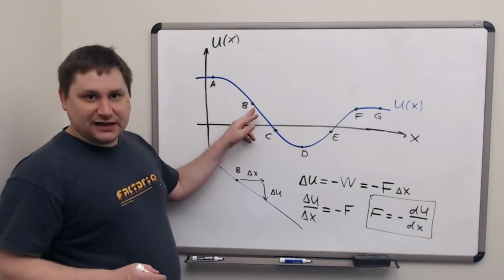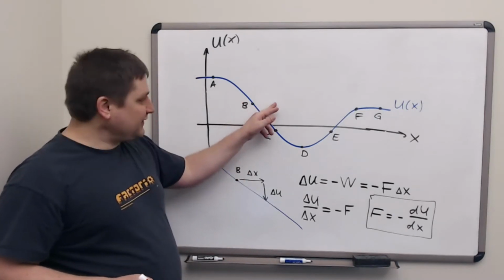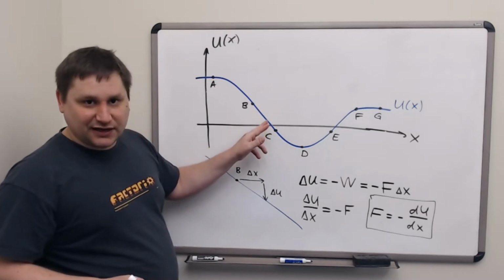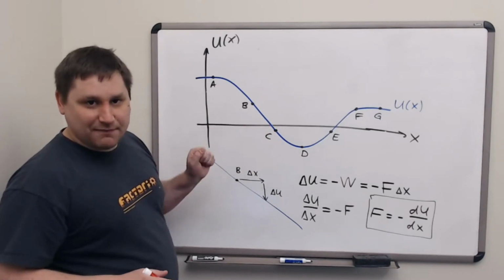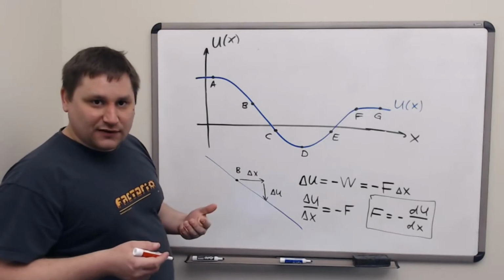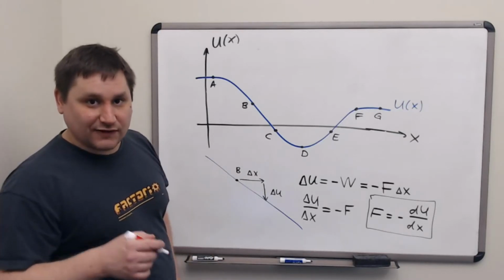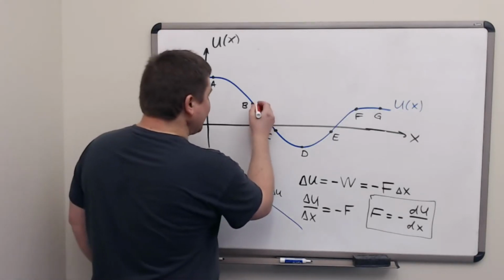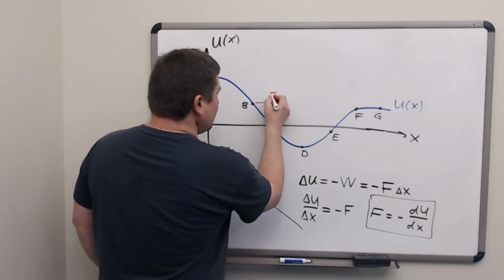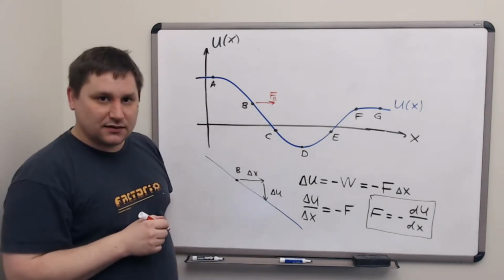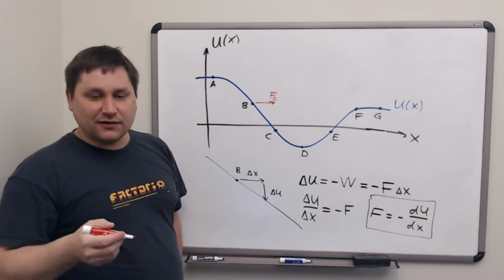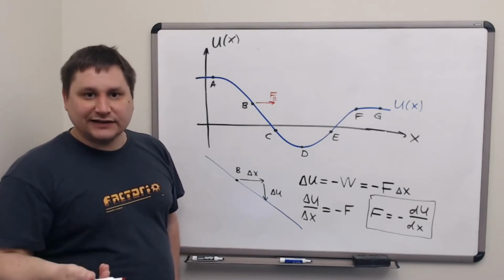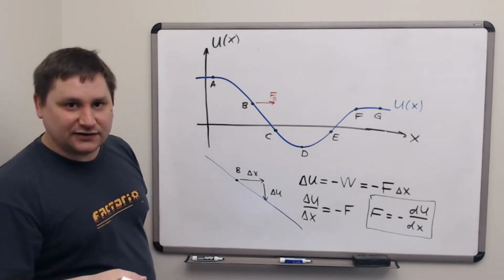At location B, a displacement to the right would result in a negative change in potential energy. That means that the slope at B is negative, and therefore the force should be positive, directed to the right. Let's draw that as a red arrow. At other locations near B, the slope is still negative, so the force is still directed towards the right.